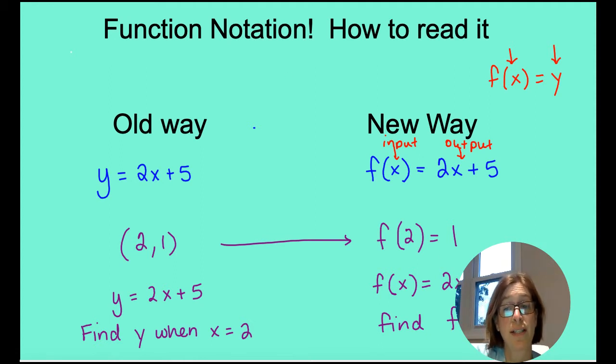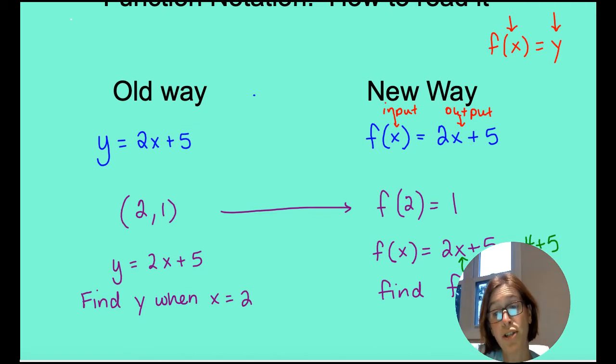That means you are going to take 2 and make it your input and make it your x. You're going to plug it in to 2x plus 5, so that's going to give you 4 plus 5, which is 9. So (2, 9). So the point (2, 9) is on the graph.